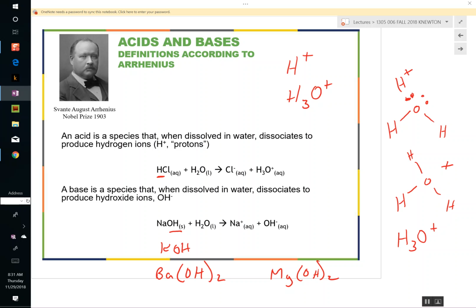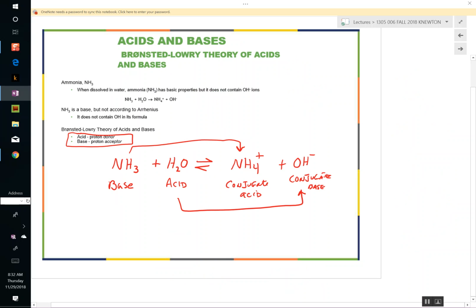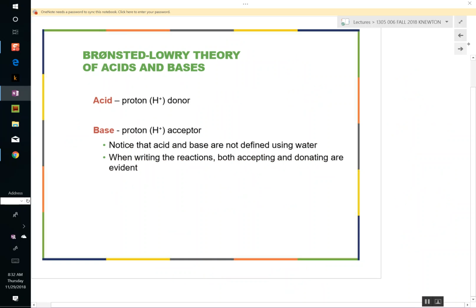Do you see that? I don't want you to think because I'm talking about two definitions that they're in two different worlds. This Bronsted-Lowry definition is just a little broader way of defining things. So we got an acid as a proton donor, a base is a proton acceptor.